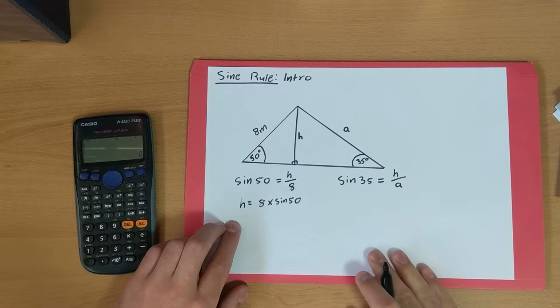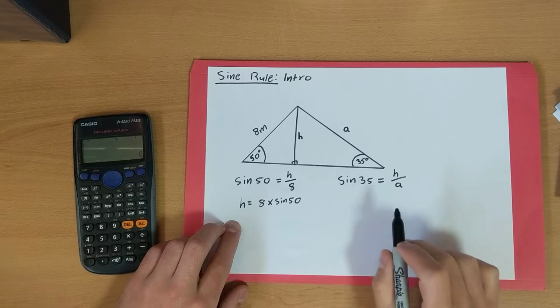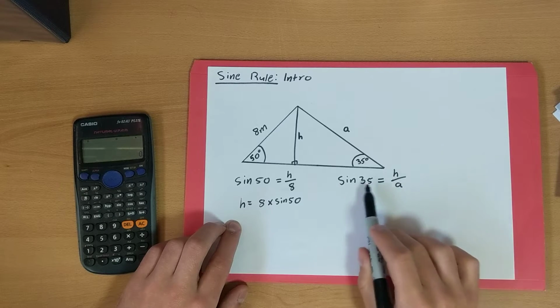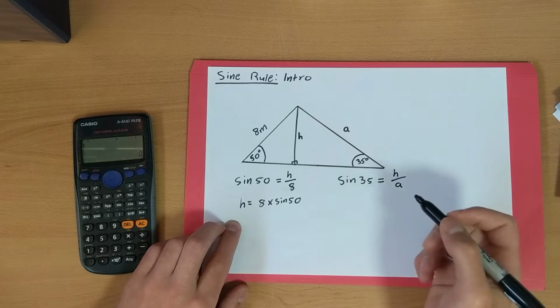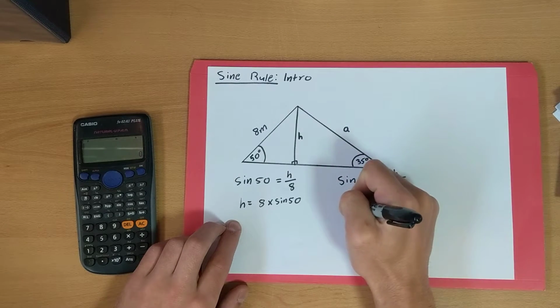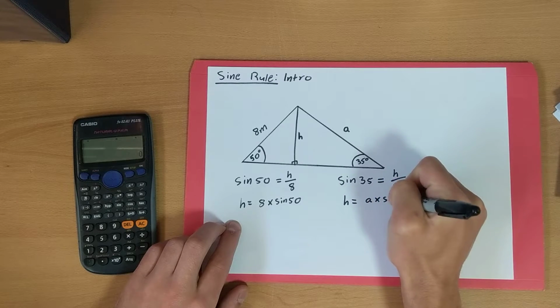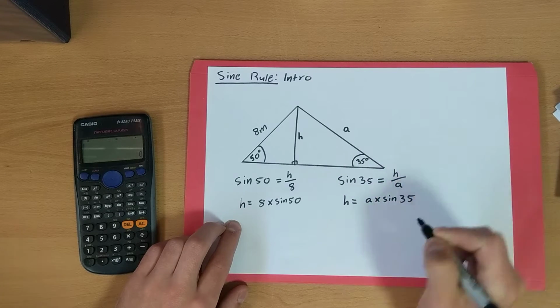Let's just call it A. Now again, let's rearrange this equation to get an expression for H by multiplying both sides of the equation by A. So that's going to give me that H equals A times sine 35.